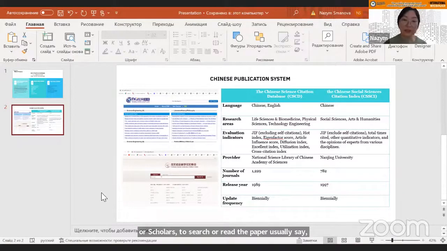Overall, the Chinese scientific publication system has its own specificities and unique features.